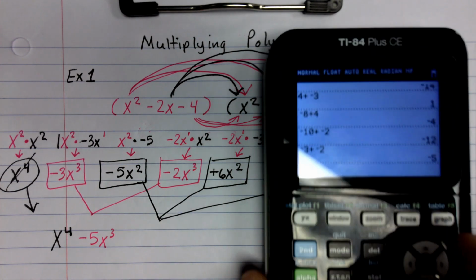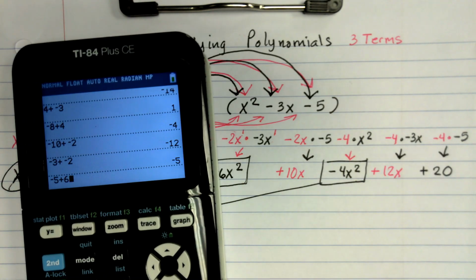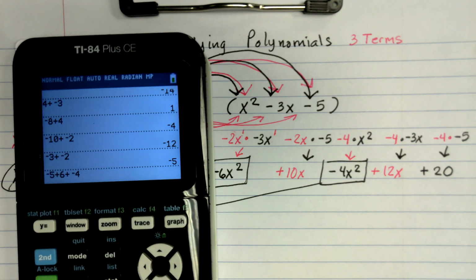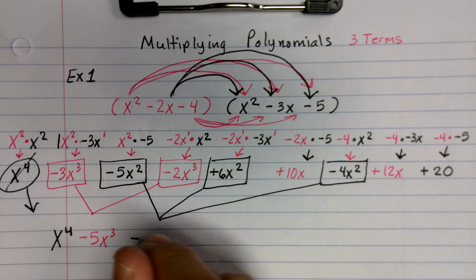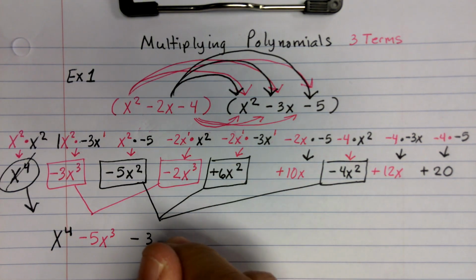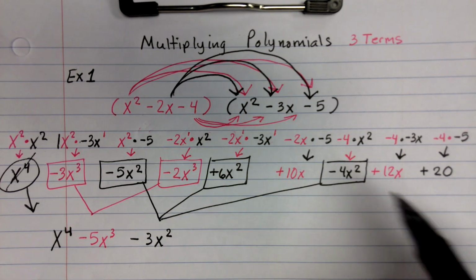So I have negative 5 plus 6 plus negative 4. And it gives me negative 3. So I have negative 3x squared, or x to the 2nd power.